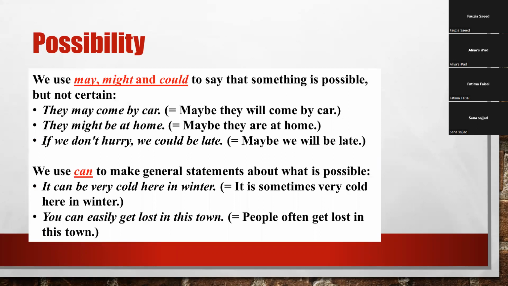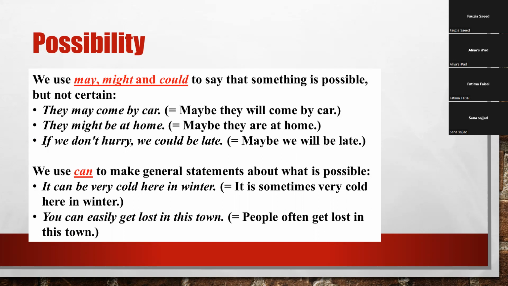So these modal verbs can be used in different places. For example, they can be used when you are narrating some possibility. You can use may, might, and could to say something that is possible, but you are not sure about it. That thing is not certain to you, and you are making a guess. You are saying it might be, it may be possible.